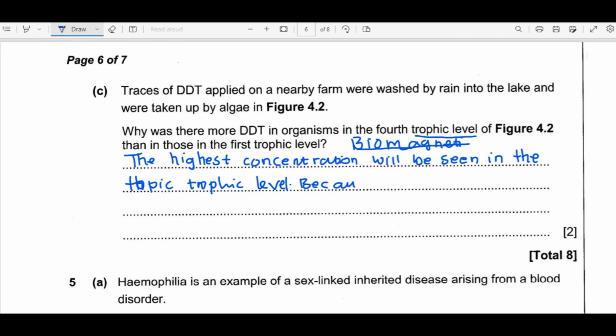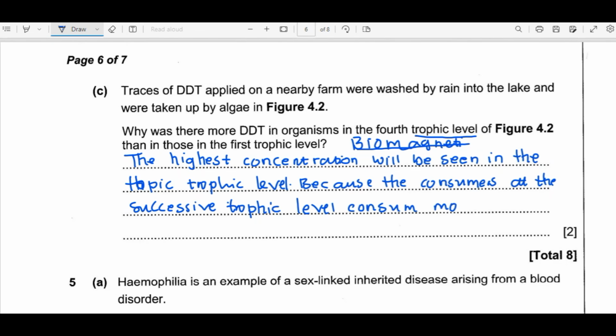So say because the consumers at the successive trophic level consume more than the previous level to fulfill the energy requirement. So this is what happens.